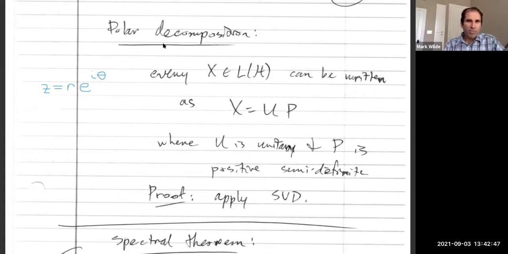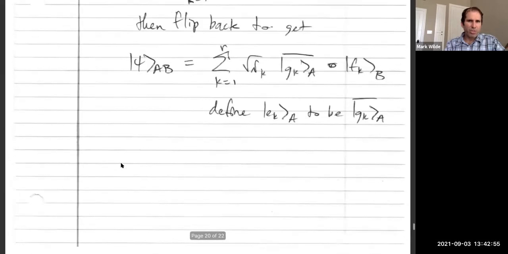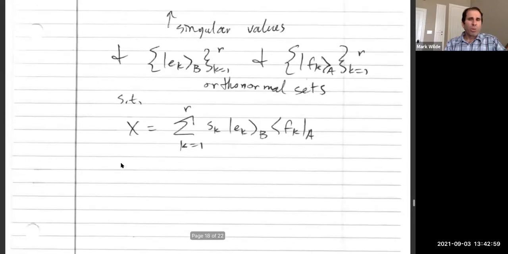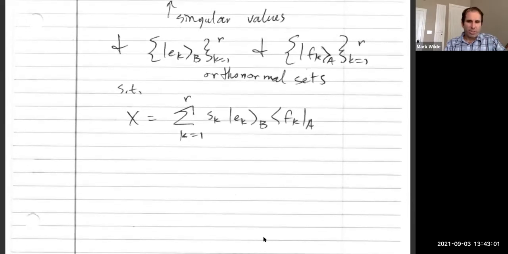So there's a point I wanted to make for the singular value decomposition, to have some notation that corresponds to what you learn in a linear algebra class. You can also write the singular value decomposition like this.